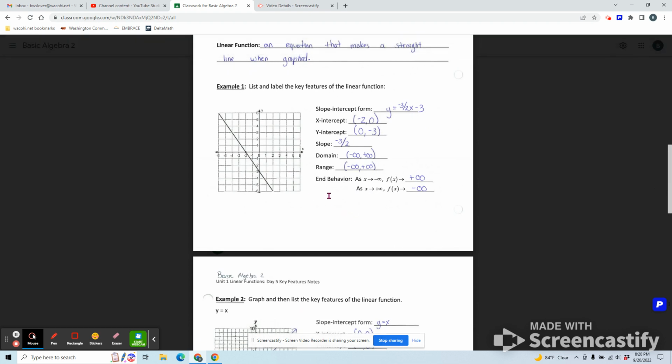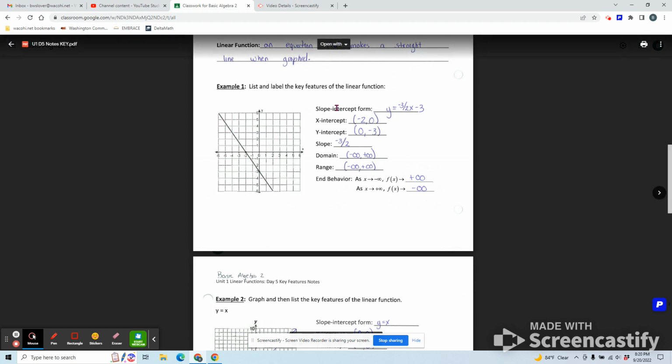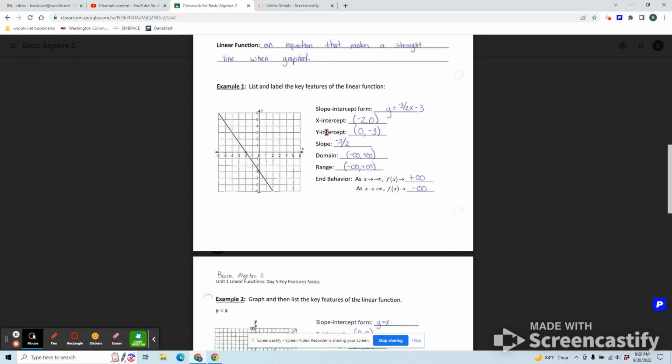So example 1 says list and label the key features of the linear function, meaning I need to look at this line and give some more detail. So here's my line. My slope-intercept form, my x-intercept, my y-intercept, my slope, domain, range, and end behaviors. Those are the key features that I'm looking for, and those are probably the key features you're going to see on and off throughout the semester if you're identifying key features of functions.